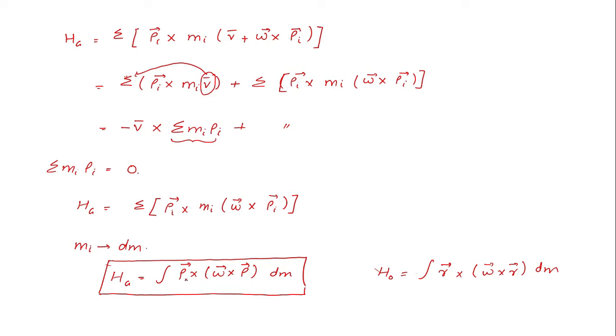So we have found the angular momentum with respect to the mass center G and with respect to the origin of the inertial frame O. Next we shall concentrate on finding the angular momentum with respect to an arbitrary point, say the arbitrary point is A.